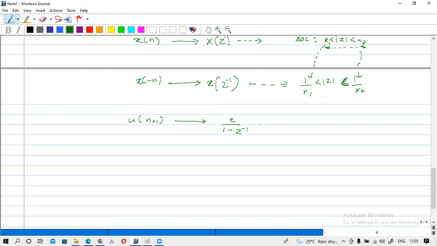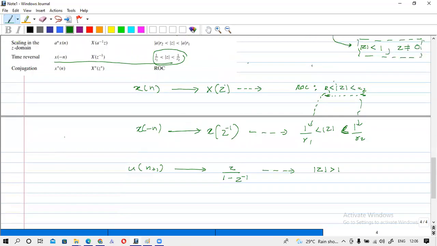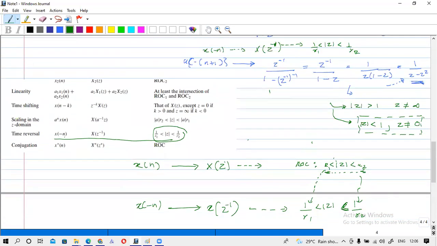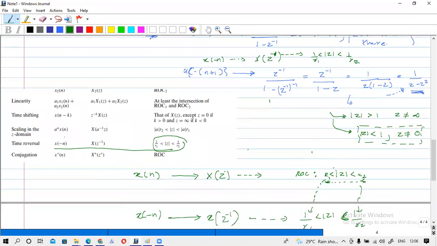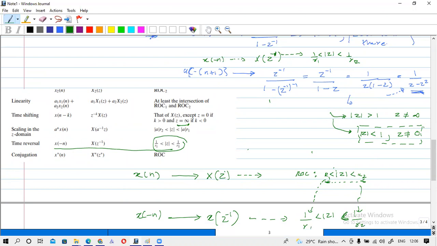The ROC will be, first, z greater than 1. And in time shifting it is said that if k is less than 0, z equal to infinity will not be in the ROC.